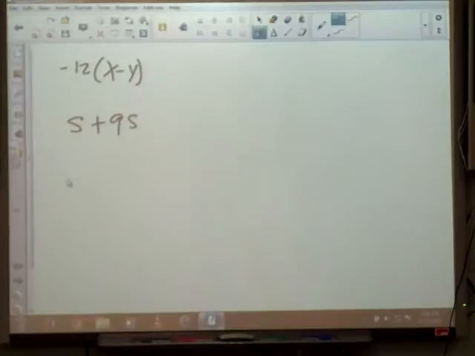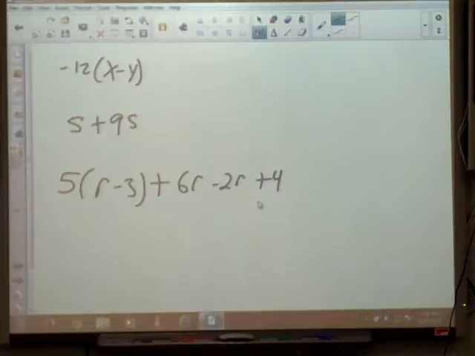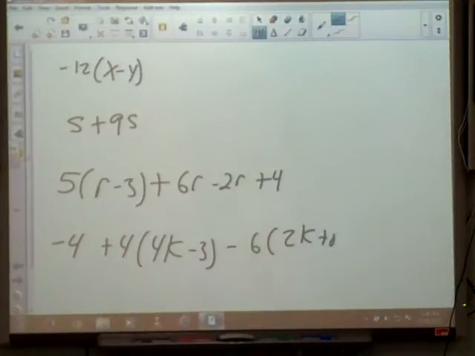Third one, 5 times r minus 3 plus 6r minus 2r plus 4. One more, negative 4 plus 4 times 4k minus 3 minus 6 times 2k plus 8 plus 7.